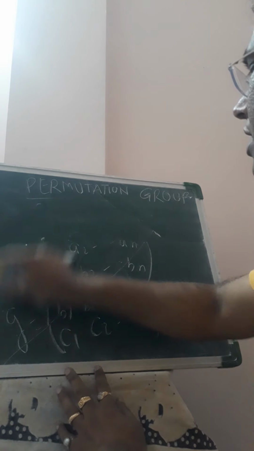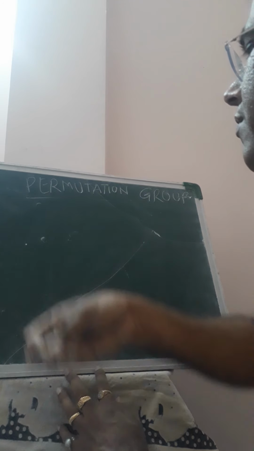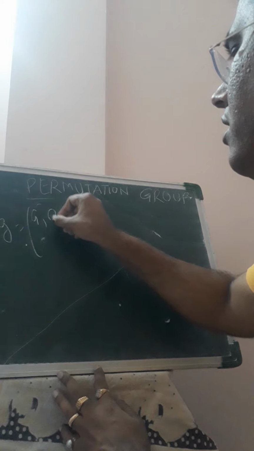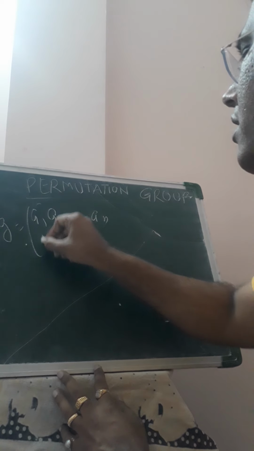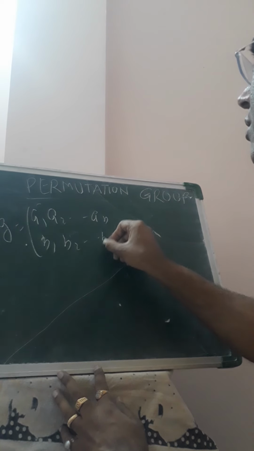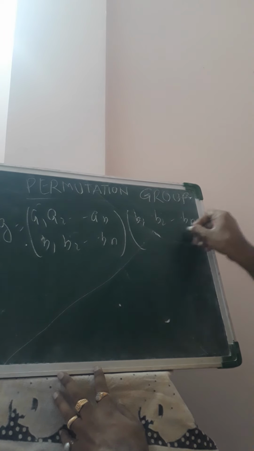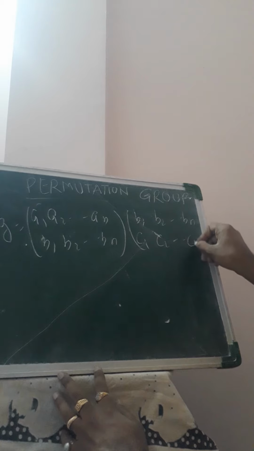Then we can find f into g as a1, a2, ..., an over c1, c2, ..., cn.